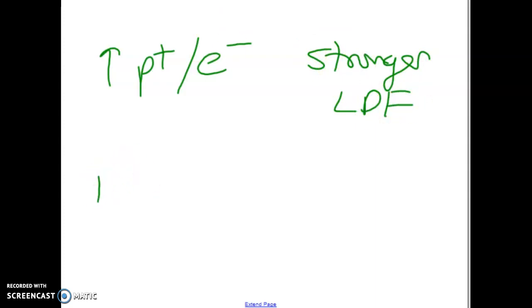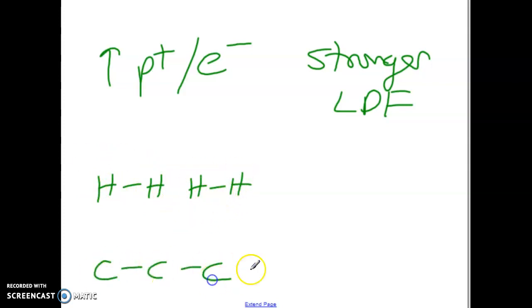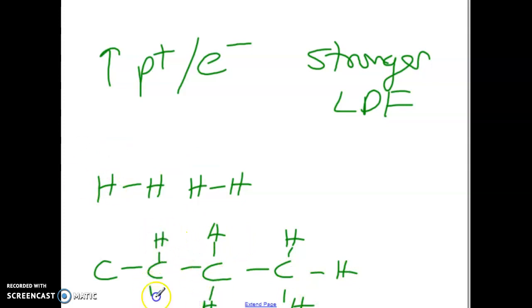So think of it, if I have a little molecule attracting, here I have really small, so it's only like 2 protons and 2 electrons attracting. But if I have a very big molecule, let's say these are all hydrogens, right?